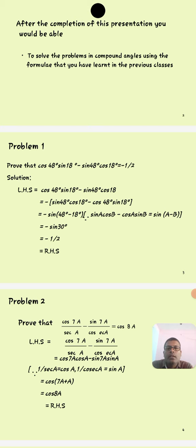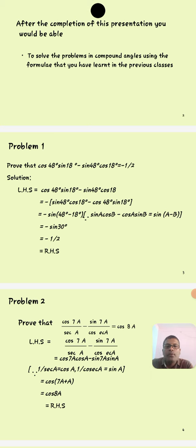Here we take the common minus sign: minus of sine 48 degrees cos 18 degrees minus cos 48 degrees into sine 18 degrees. You observe this one: sine A cos B minus cos A sine B. A represents 48 degrees and B represents 18 degrees.